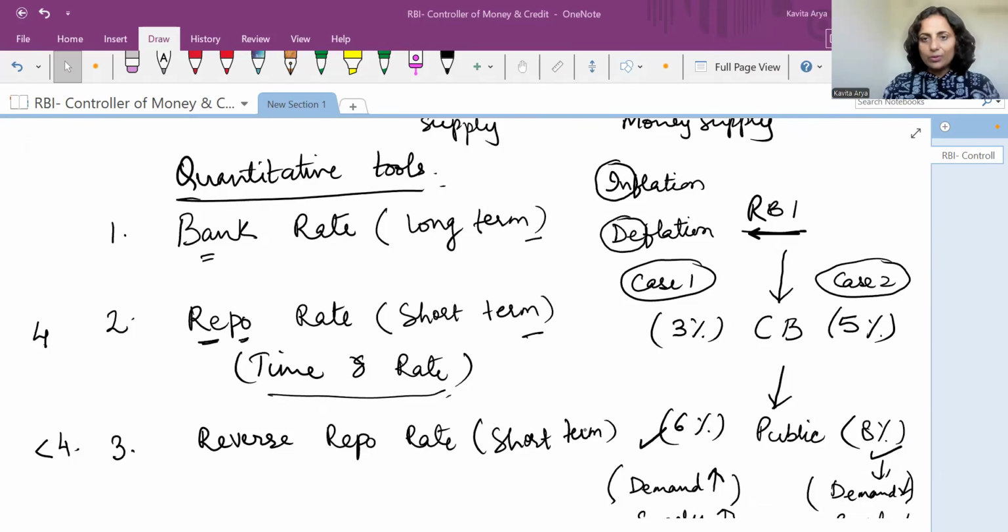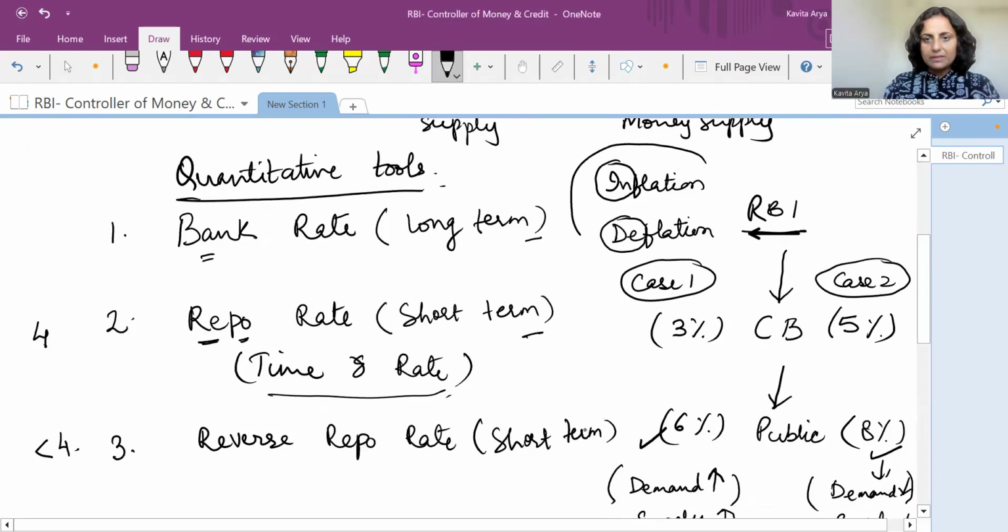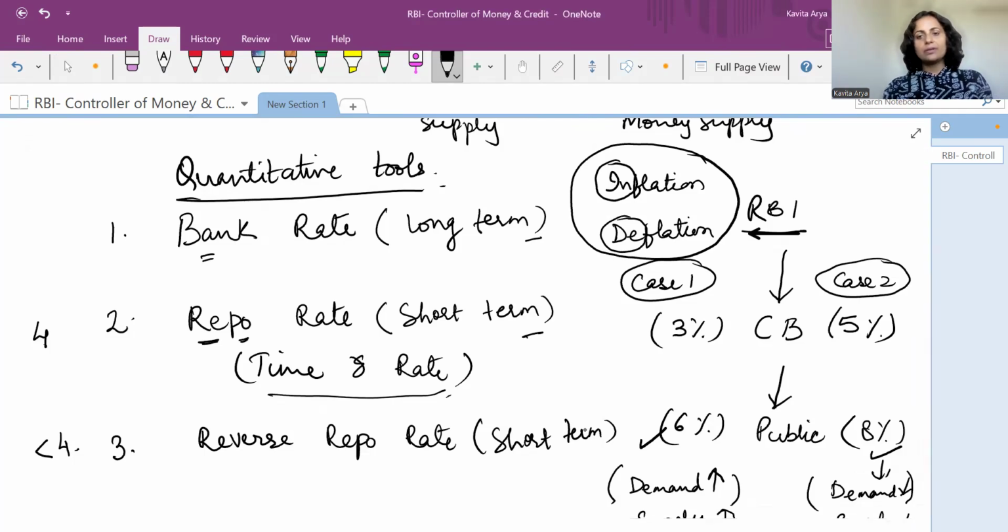I tried giving you this logic in the previous video also: in case of inflation, RBI increases every sort of rate or reserve, and decreases every sort of rate and reserve to curb inflation and deflation.